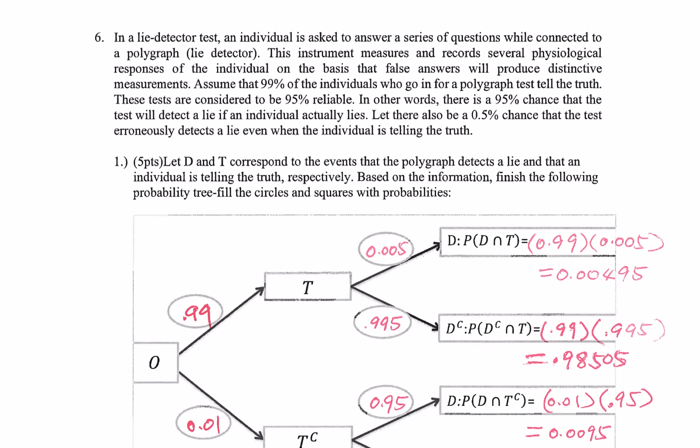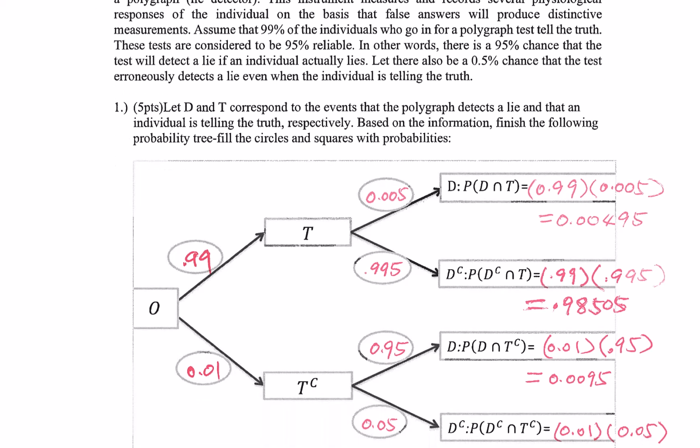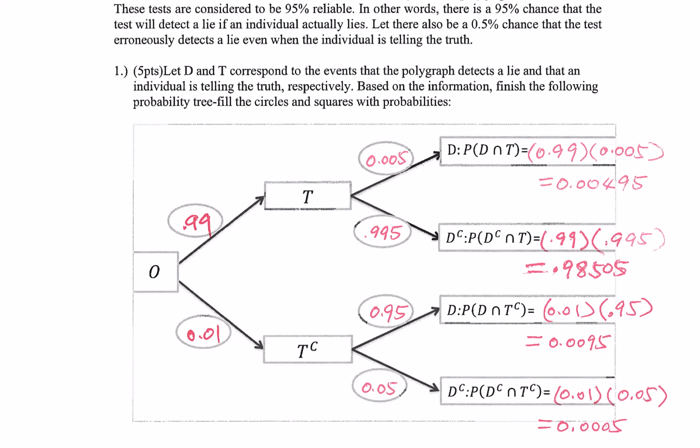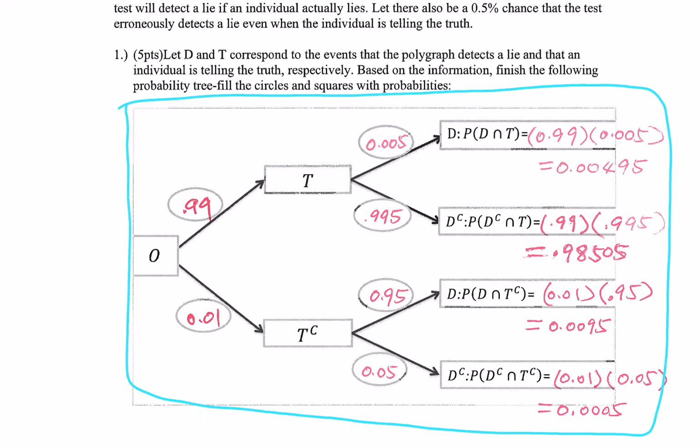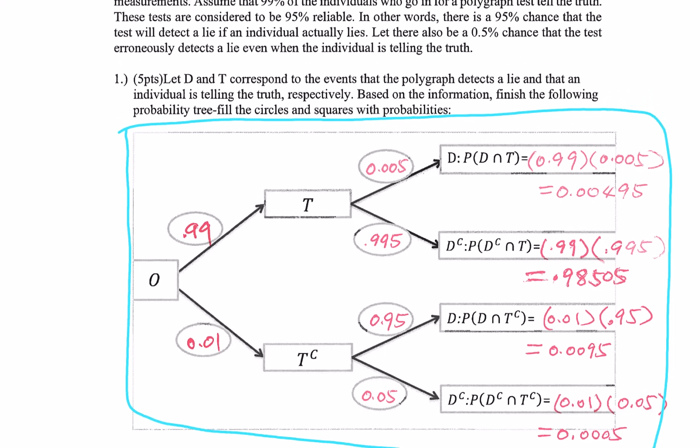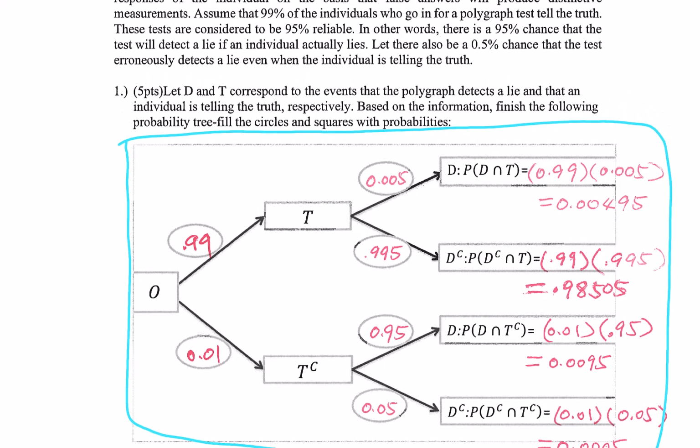Okay, so the first one, we need to specify this tree diagram. This guy right here. All right, so this is the origin. Think about a person going to the test. From the wording, we assume that 99% of the individuals who go in for a polygraph test tell the truth.